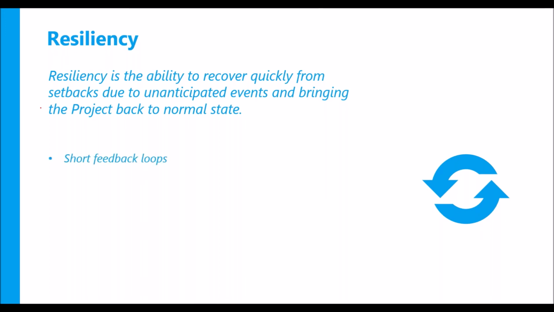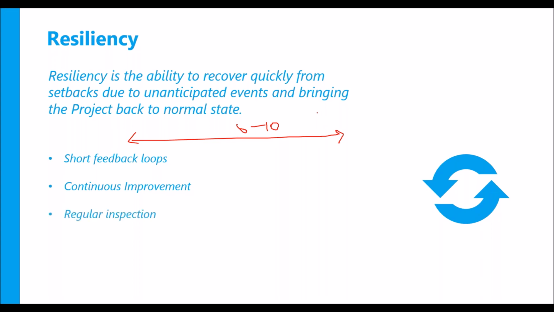So how do you make your project resilient, right? You can have short feedback loops. Instead of delivering your project for a good 6 to 10 months, you can deliver incrementally in short feedback loops so that you get earlier feedback and you make your project more resilient. Feedback loops and continuous improvement go hand in hand.